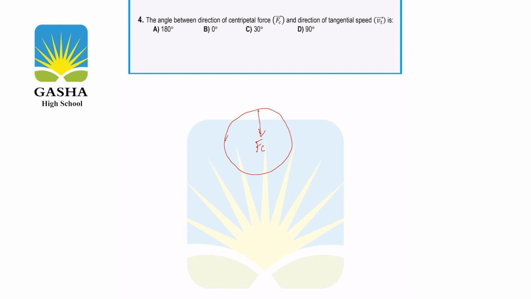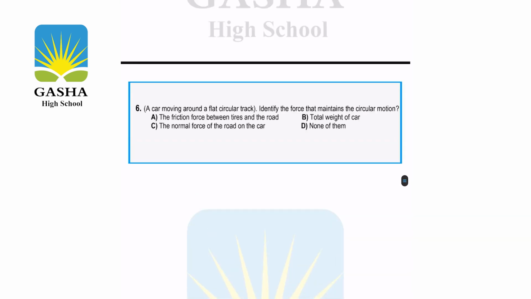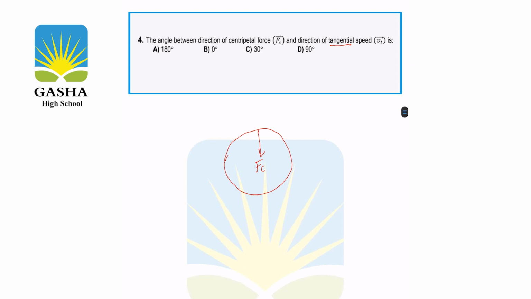And tangential speed is always tangent to the circular path. If the rotation is clockwise or counterclockwise, it doesn't matter, it is still tangent. So look at the angle between VT and FC. We know that the angle is 90 degrees. So D is the correct answer.